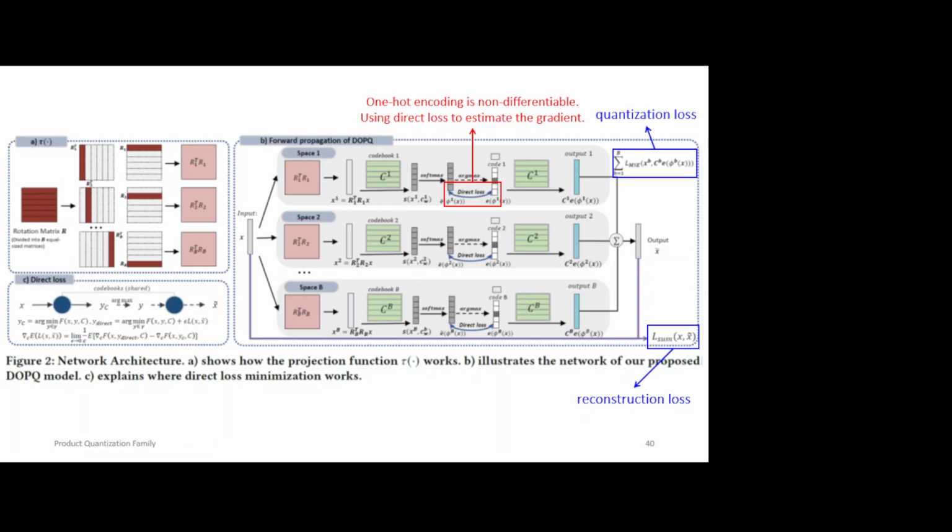Okay, so after you generate the rotation matrices, given the input vector x, you just forward it into the B rotation matrices. Let's focus on the first rotation matrix here. In the first rotation matrix, you multiply the rotation matrix with x, and you will get x1. You can treat this as the first perspective of the data x.